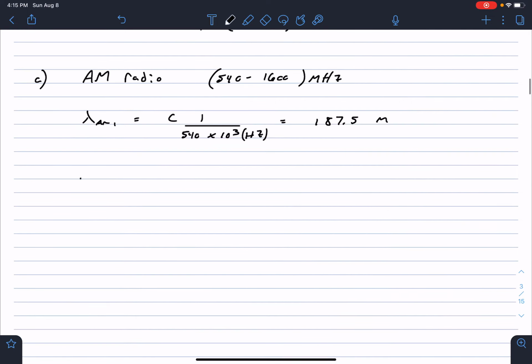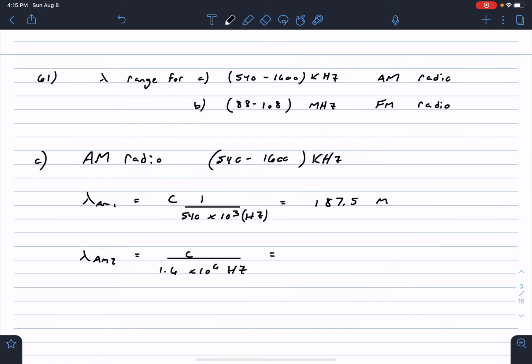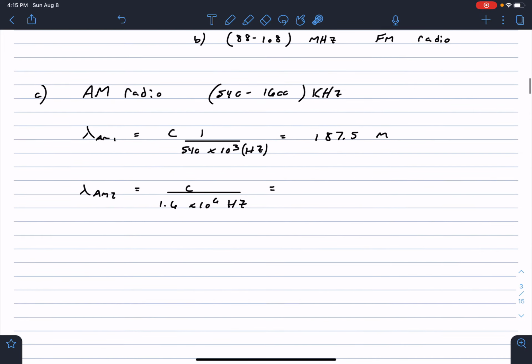Then the next one, AM2, is C over 1.6 times 10 to the 6 hertz, because we had 1600. Oh, sorry, I wrote this down wrong. In the problem, we're given kilohertz. I said megahertz, it's kilohertz. That's how we get this value.